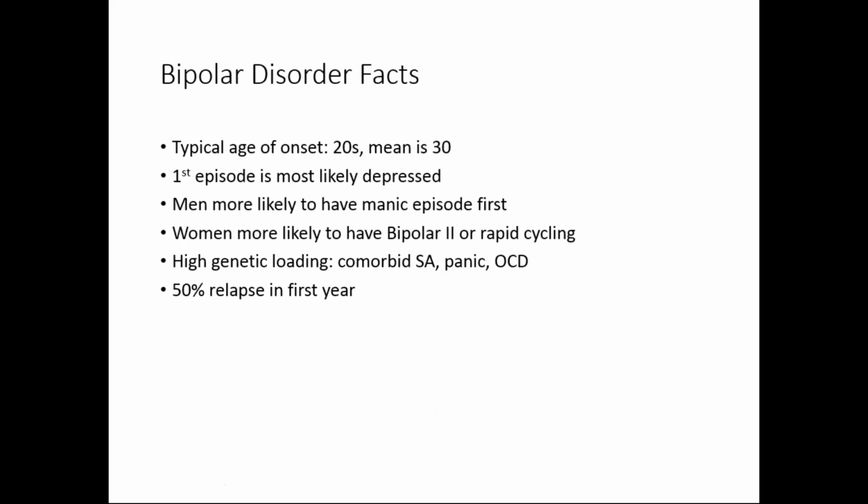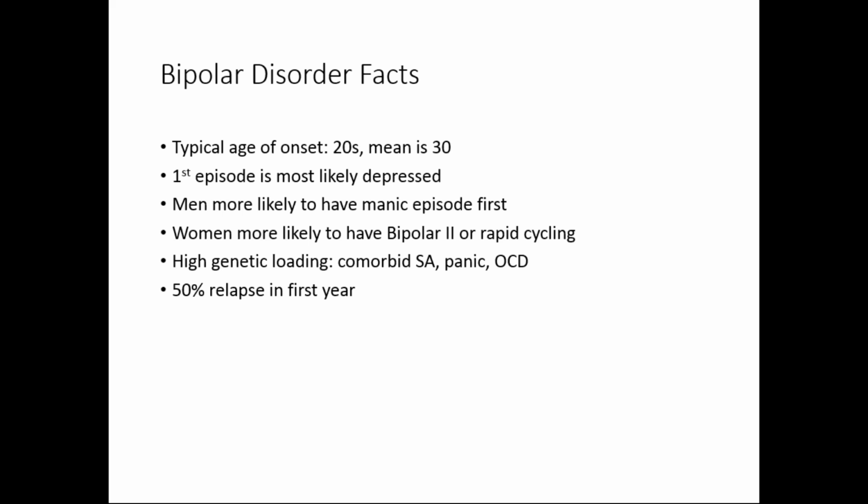Typical onset, it's a mood disorder. Usually in the 20s or the 30s, the first episode of someone who has bipolar disorder, who ends up with a diagnosis of bipolar disorder, the first episode is most likely to be depressed. So if someone's never been in treatment before, never had a mood episode before, the first one they're going to have more than likely will be depression.